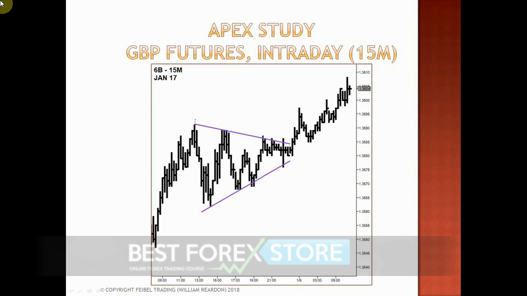As you can see, we have 1, 2, 3, 4, 5, 6, 7 touches here. So you draw this in. When you can see rising lows, you want to get the best fit, which would be here. So you just draw this in. Okay, that's it. There's nothing too complicated to drawing a structural formation of an apex.